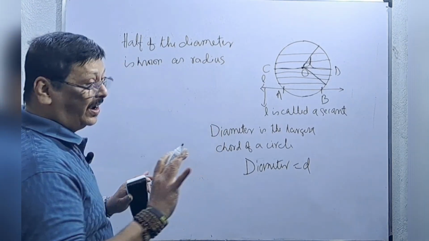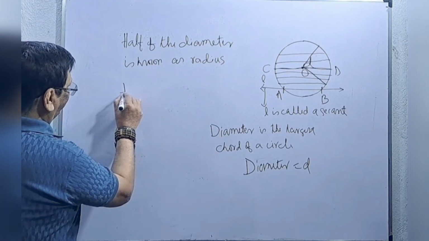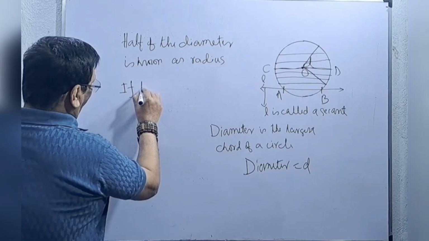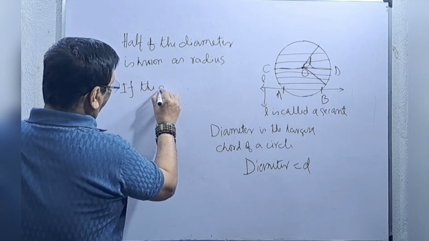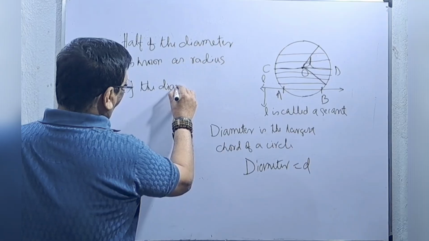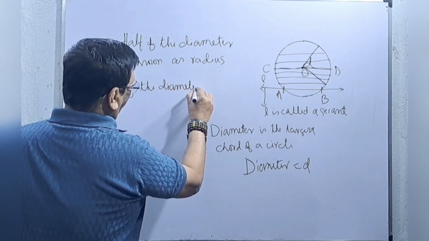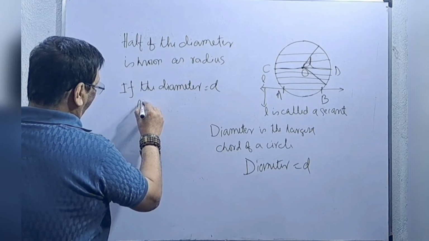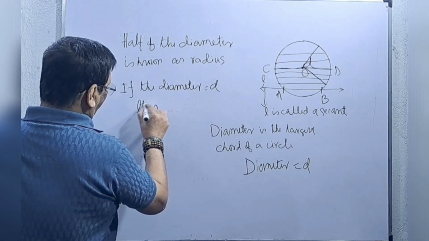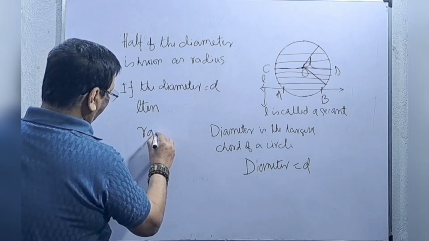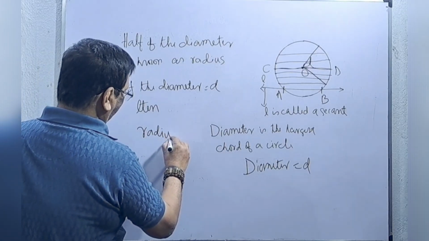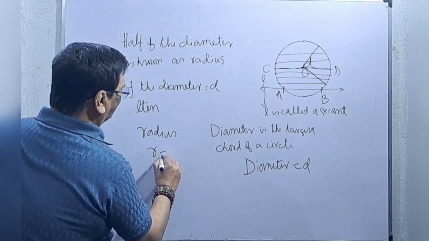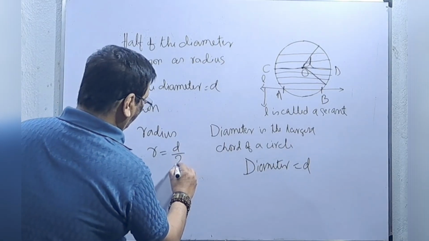Understood? So if we write a relation, if the diameter is equal to d, then radius r is equal to d by 2, correct?